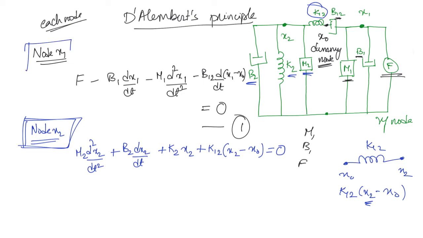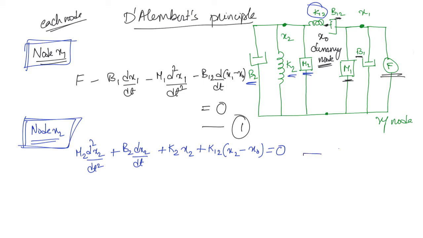Even at node x1, for B12, one side is x0 and the other side is x1, and we have written B12 d by dt of x1 minus x0. Whatever node at which we are writing the equation, that will have the positive sign. So this is the second equation.